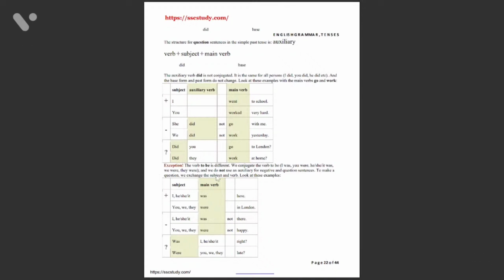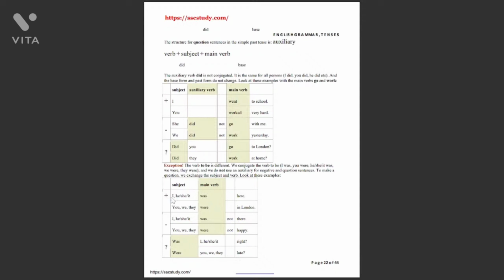The verb to be is different; it is conjugated: I was, you were, he, she, it was, we were, they were. We do not use an auxiliary for negative and question sentences. To make a question, we exchange the subject and verb. Look at these examples.